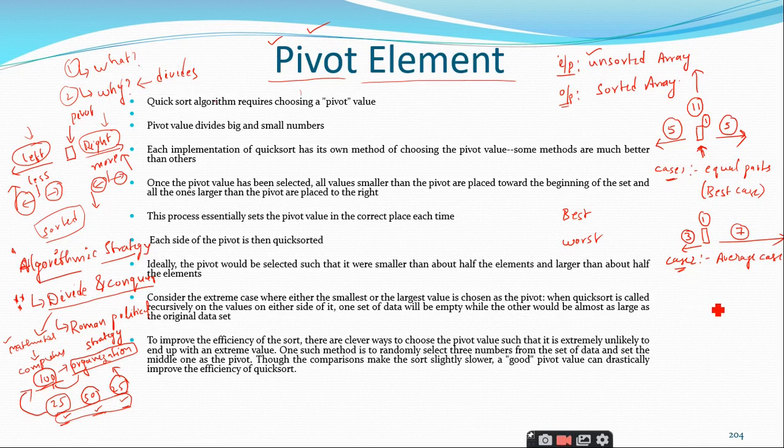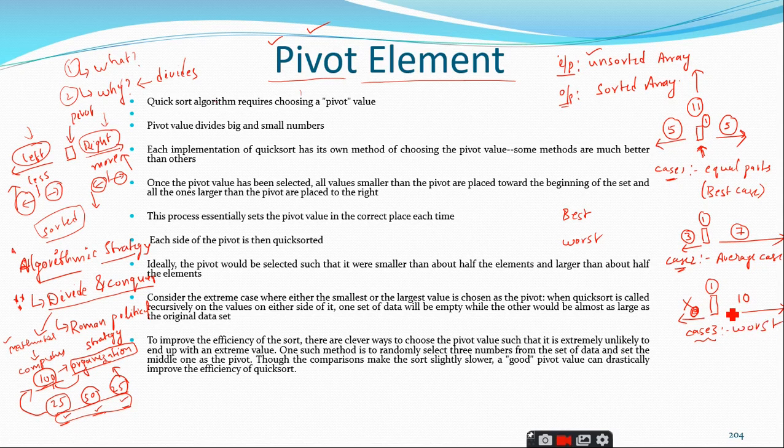And let us take the last case where I have 11 elements in total and one pivot element is there here, and let us assume that towards its right hand side I have 10 elements, but there are no elements in the left hand side. This case we are going to consider as the worst case.